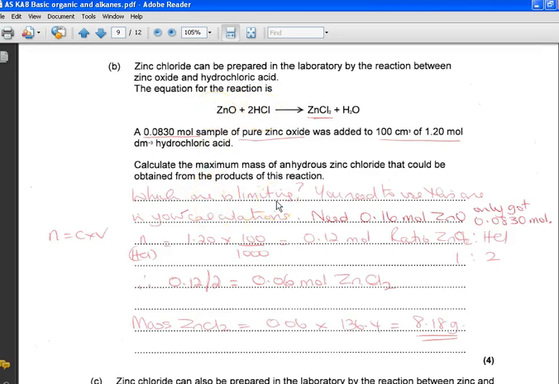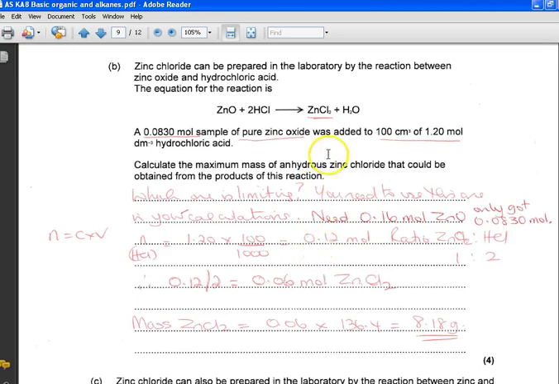So you need to find out which one is limiting. To get twice, you need at least 0.16 moles. If you multiply that by 2, you need 0.16 moles for that to react. When you work out how many moles of acid you've only got 0.12. So that is your limiting reagent. The one that is limiting is the one that you use in your calculations. You don't use this number of moles, you're using this number of moles, 0.12 moles.